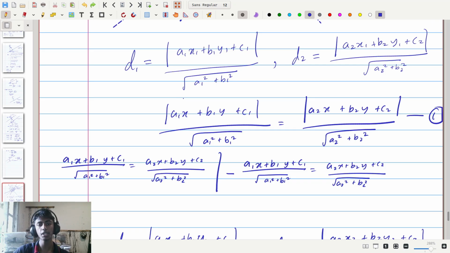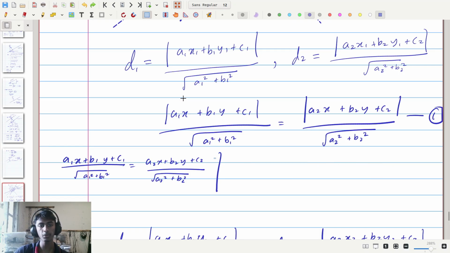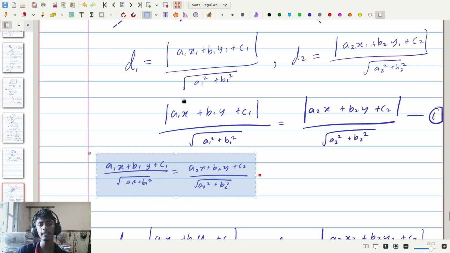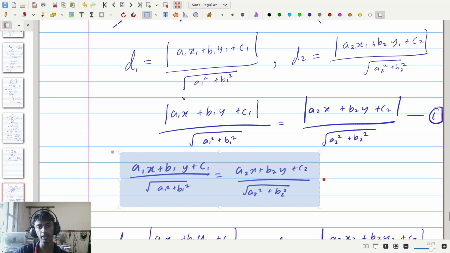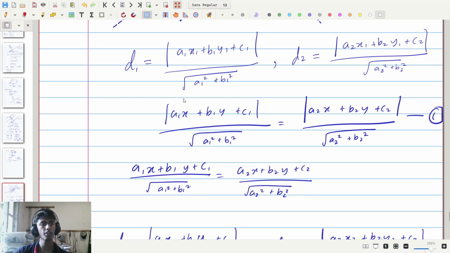So since either both of them are positive or both of them are negative, we can actually remove these absolute value signs. In the positive case and the negative case, we get the same exact answer. Therefore, removing the absolute value signs, line number 1 is given by this equation over here.